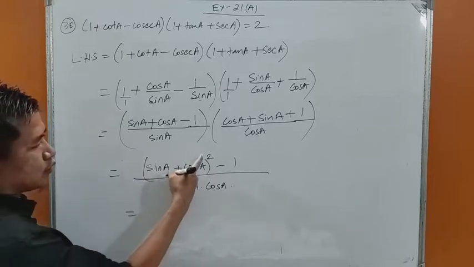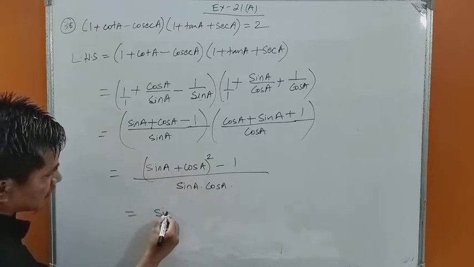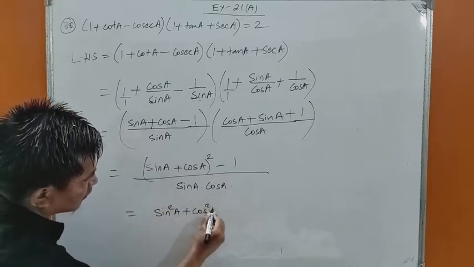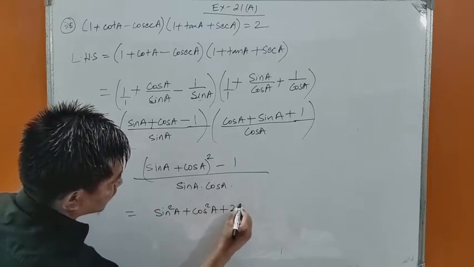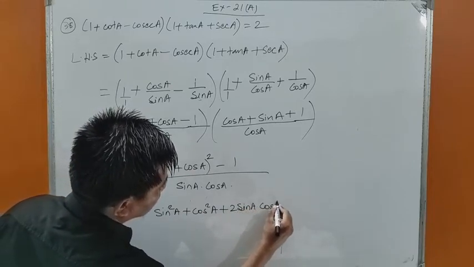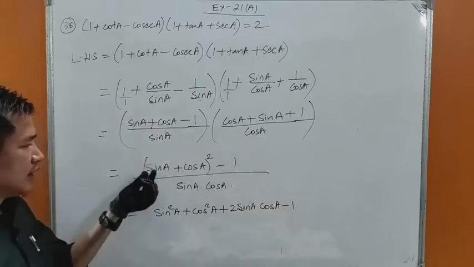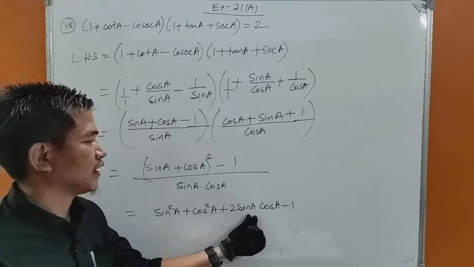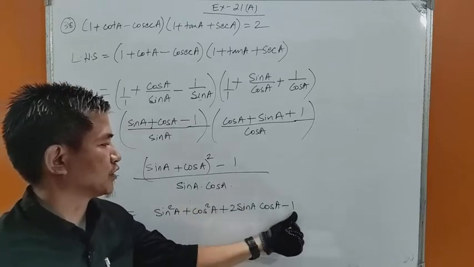A plus B whole square means A square plus B square plus 2AB, isn't it? We know the formula. And this minus 1 comes here, minus 1.